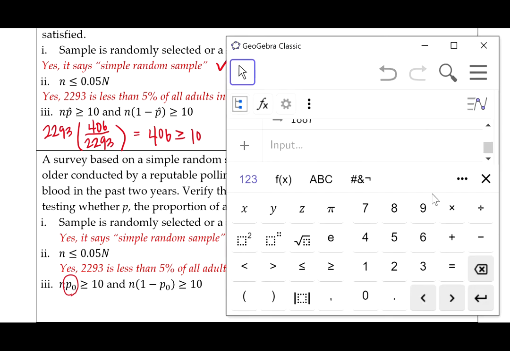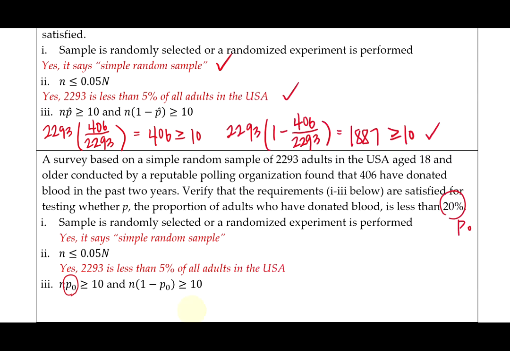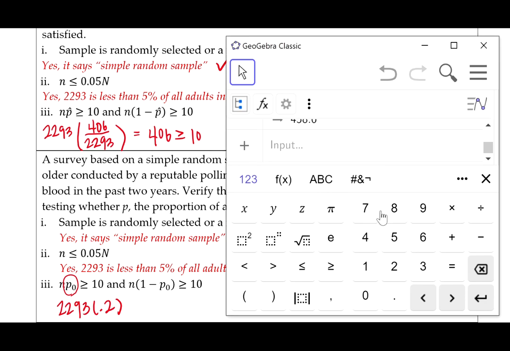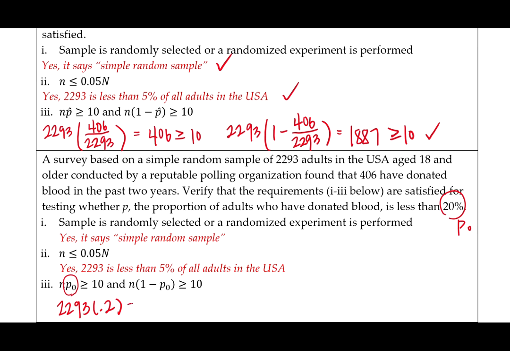I need my n, 2293, times now 0.2, and I get 458.6. So my n times p sub 0, 2293 times 0.2, was 458.6, which is at least 10.